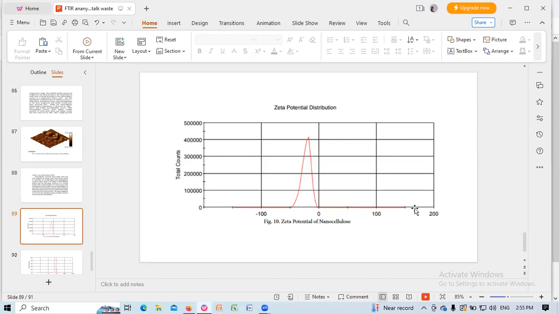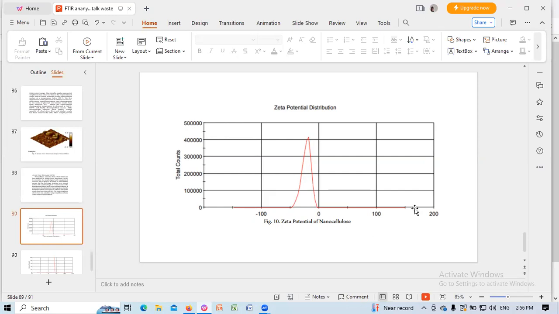That is zeta potential. The mean zeta potential value is minus 22.2 millivolt, a negative charge on the nanocellulose surface, which is moderate stability.